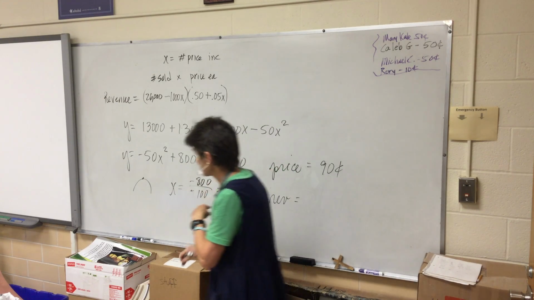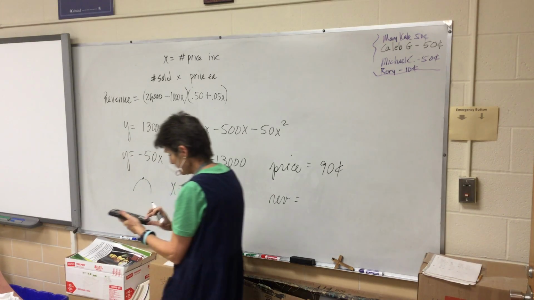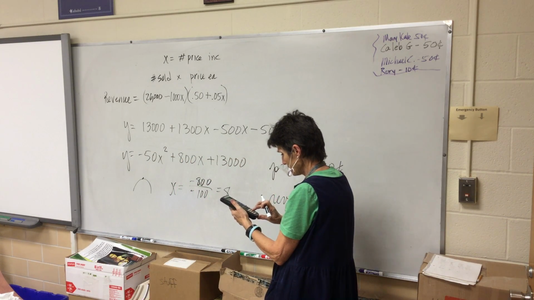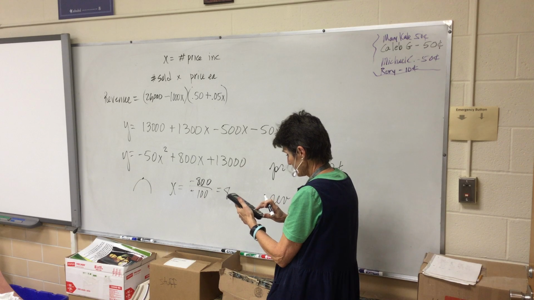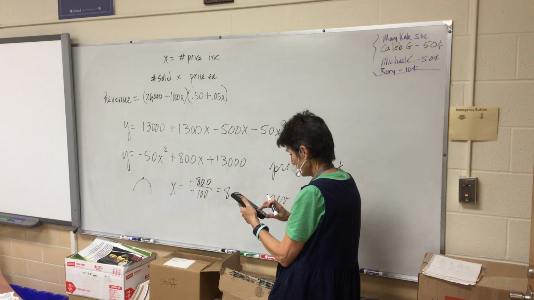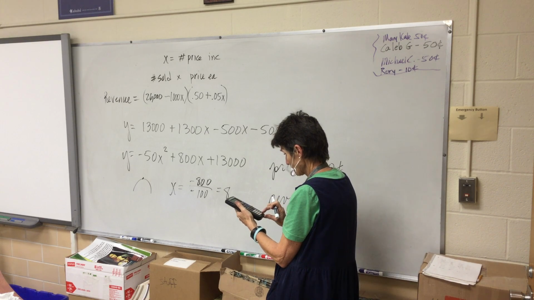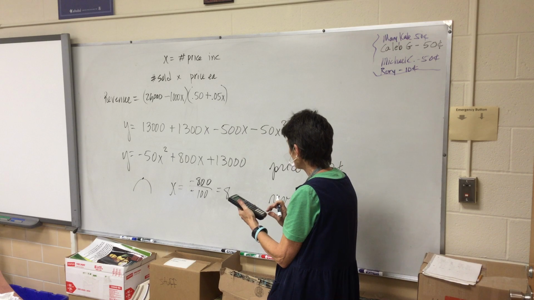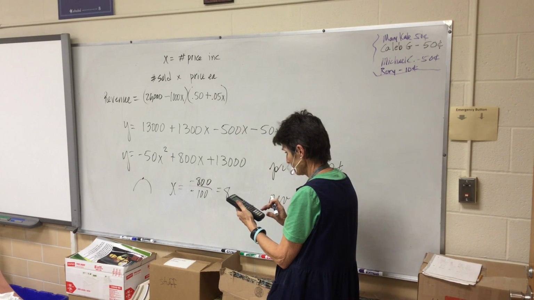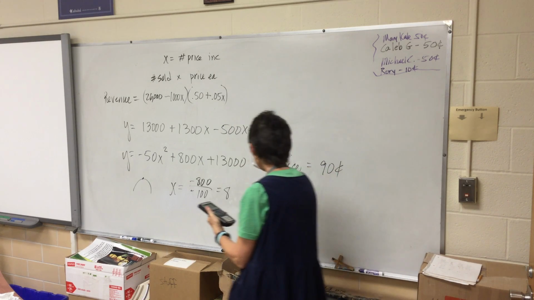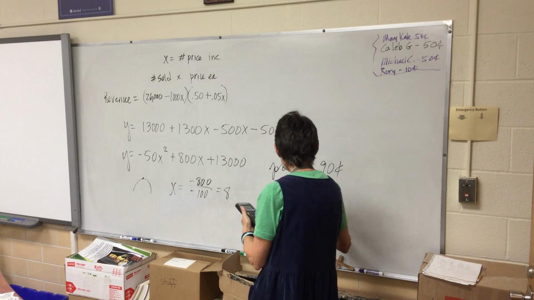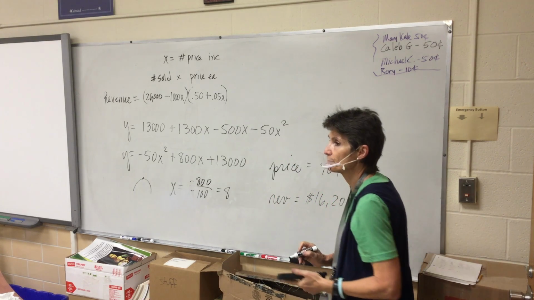So that would be negative 50 times 64 plus 800 times 8 plus 13,000. I got 16,200.